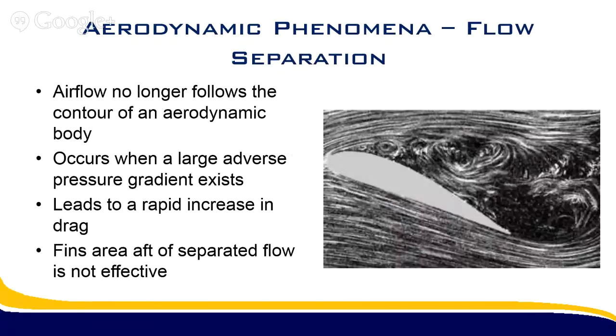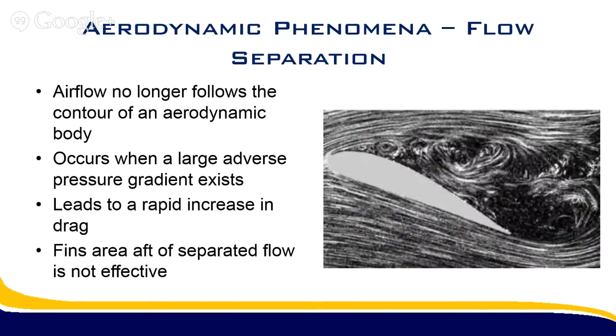What is kind of dangerous is flow separation, where airflow or any fluid flow is no longer following the general contour of a body. If the flow starts separating, we call this stall in aircraft.